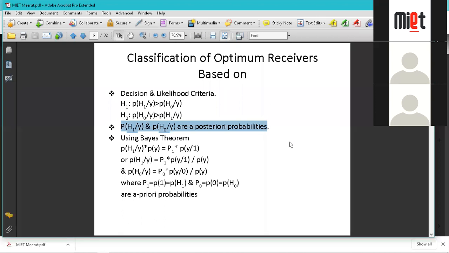So I'm using the Bayes theorem, okay? And through this Bayes theorem, if you see all these line by line computations, I know what is P1, I know what is P0, I know what is P(y|1), I know what is P(y|0), I also know what is P(y), irrespective of X, because I'm getting something.